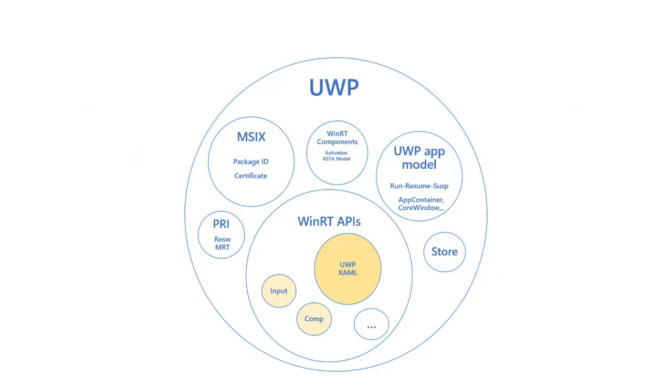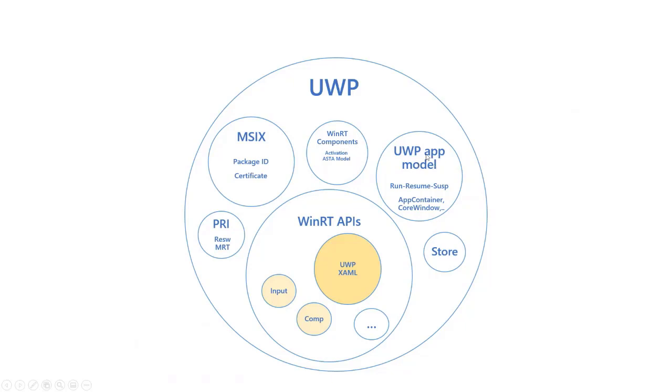the presentation, the controls, the animation, everything. It's about the namespace like windows.ui.xaml, windows.ui.input, or windows.ui.composition. So this is only a part of all the APIs from WinRT, and all the APIs are just part of the UWP platform, which contains also the packaging API, the way to activate or to use WinRT components.